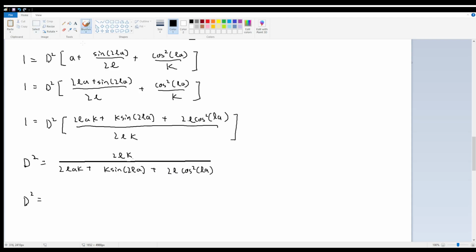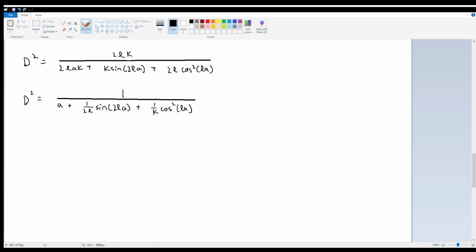Okay, apologies. Now, we divide everything by 2lk, and what we get at the bottom is a plus 1 over 2l sine 2la plus 1 over k cosine squared la. And then everything at the top is just divided and becomes 1.